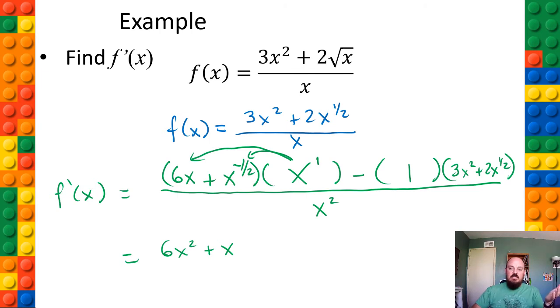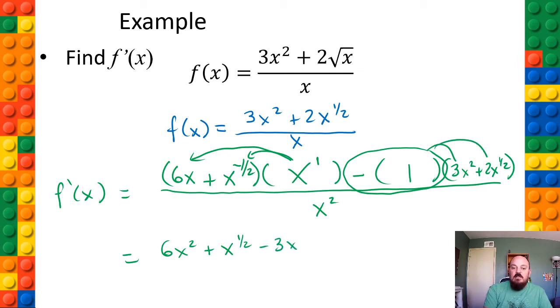If I do x to the negative 1/2 times x to the first, negative 1/2 plus 1 is positive 1/2. So this is going to be back to x to the positive 1/2. And then I'm going to do the same thing I did in the last example. I'm going to think of this as a negative 1, basically change those two signs. So it'll be minus 3x squared and minus 2x to the 1/2. And the whole thing is over x squared.